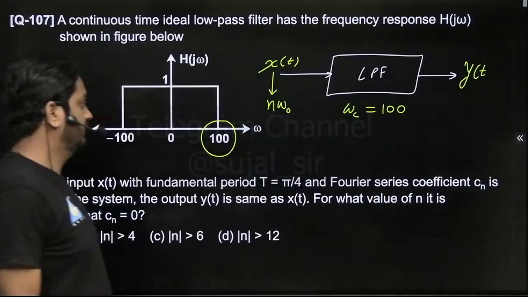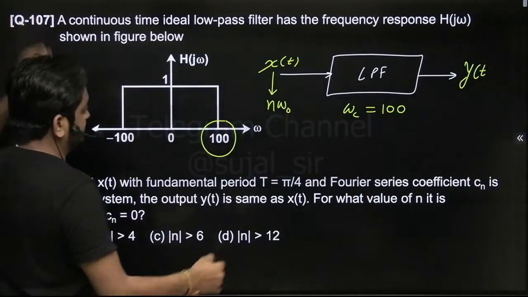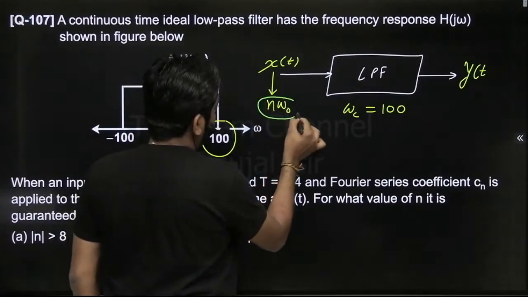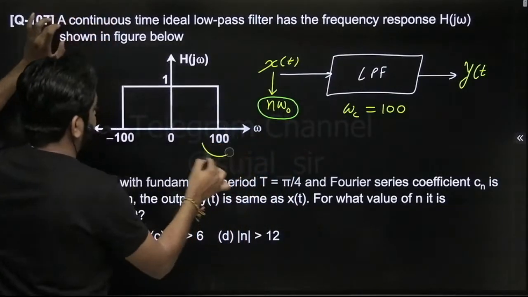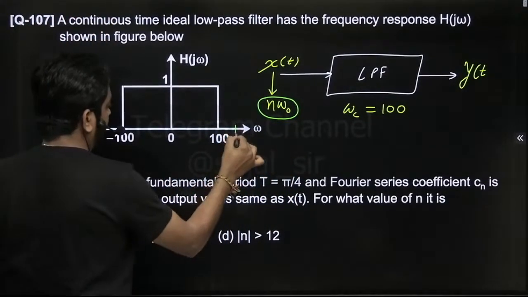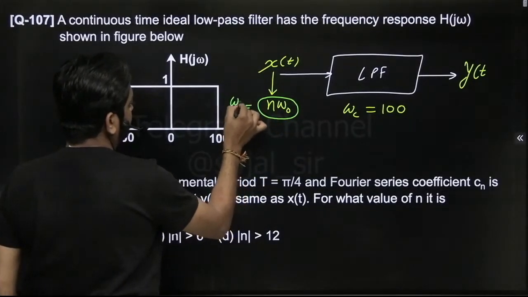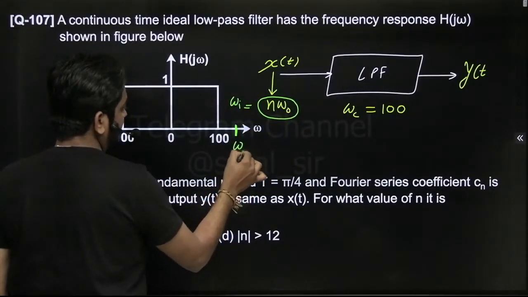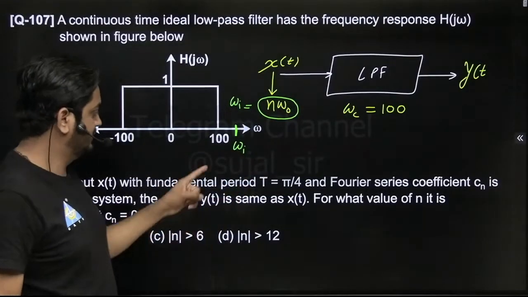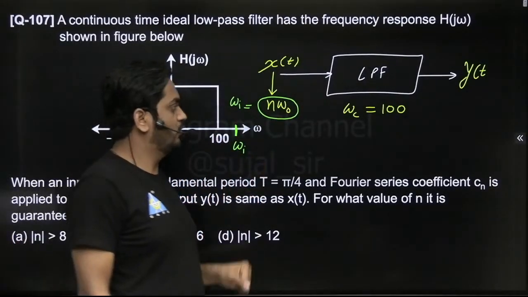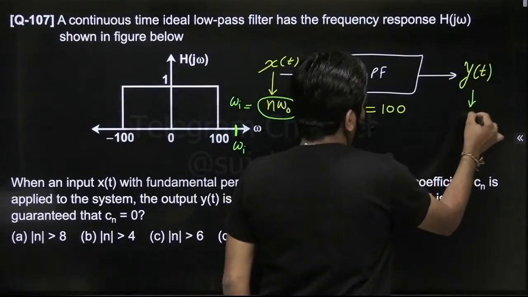If the input frequency is greater than 100, then the output will be 0.